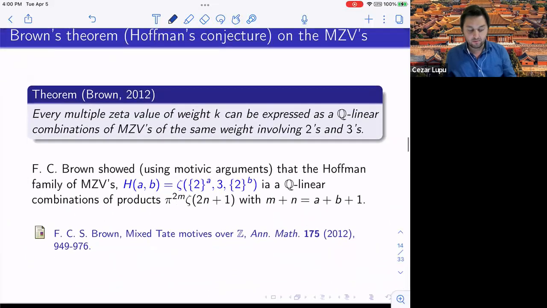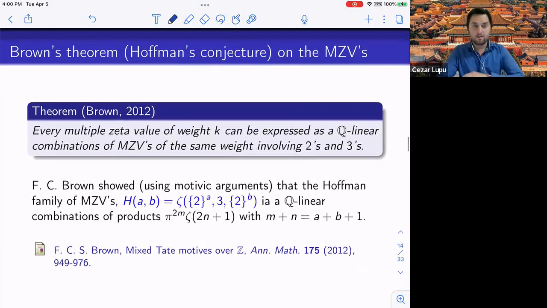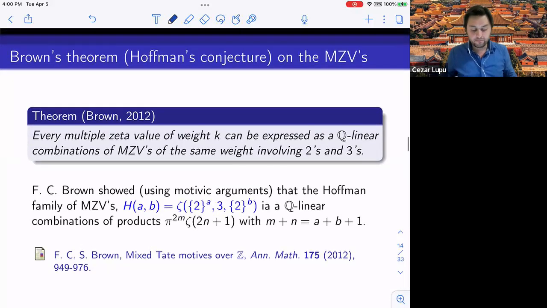So this was a conjecture made by Hoffman back in 1997. Many people attempted this, but it was proven by Francis Brown in 2012. He used the so-called motivic multiple zeta values, so his proof uses motivic arguments.